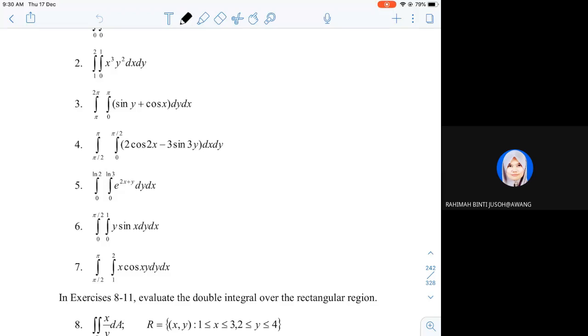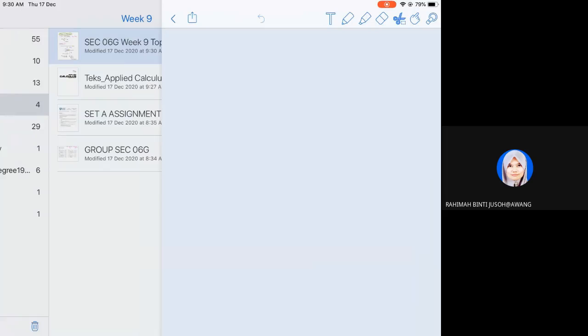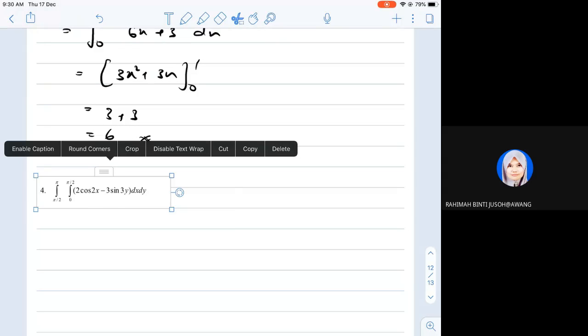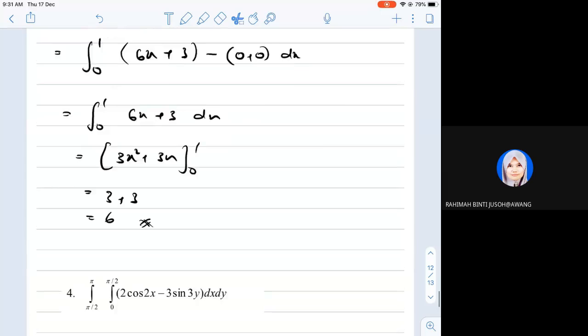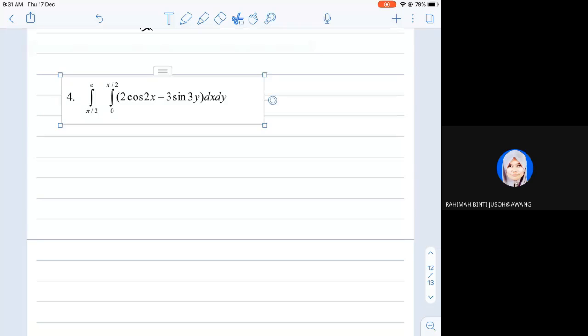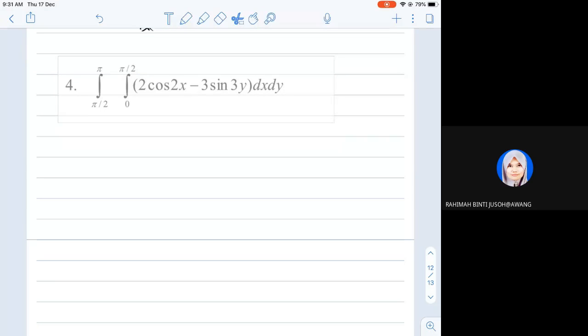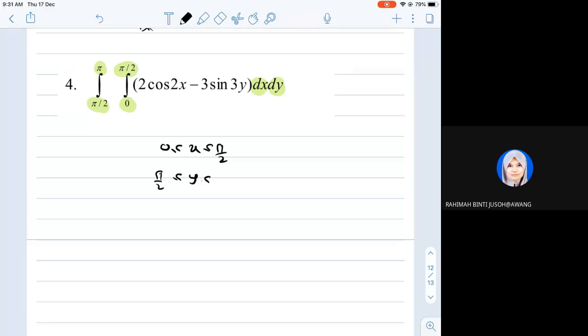Let us do question number 4. Alright, again, if you want to calculate this, let us sketch the region first. Of course, we know that the limit of x is from 0 until pi over 2, and then y is from pi over 2 until pi.